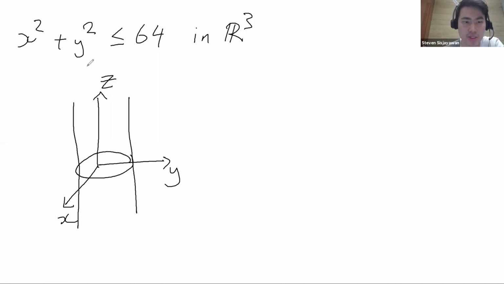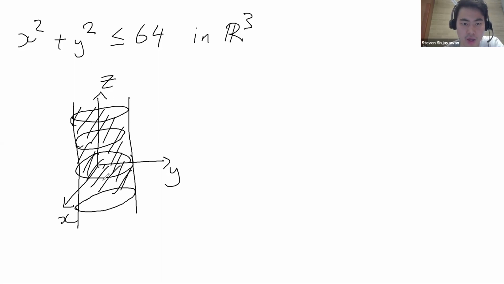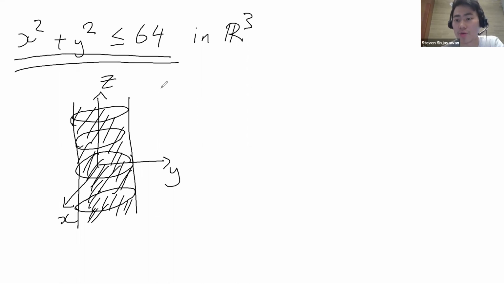So if I were to draw out extra circles there, which is just x squared plus y squared equal to 64, whenever you have less than or equal to 64, it's every point inside of this diagram. That is what an inequality represents in R3 space.